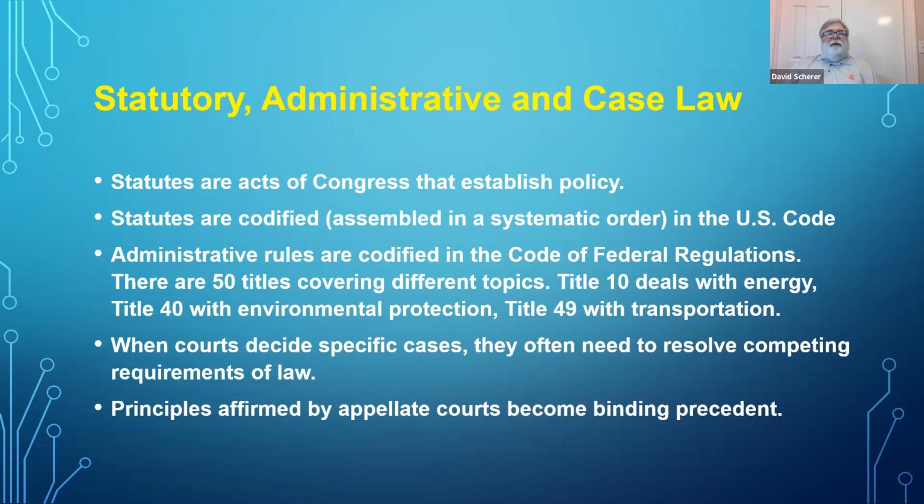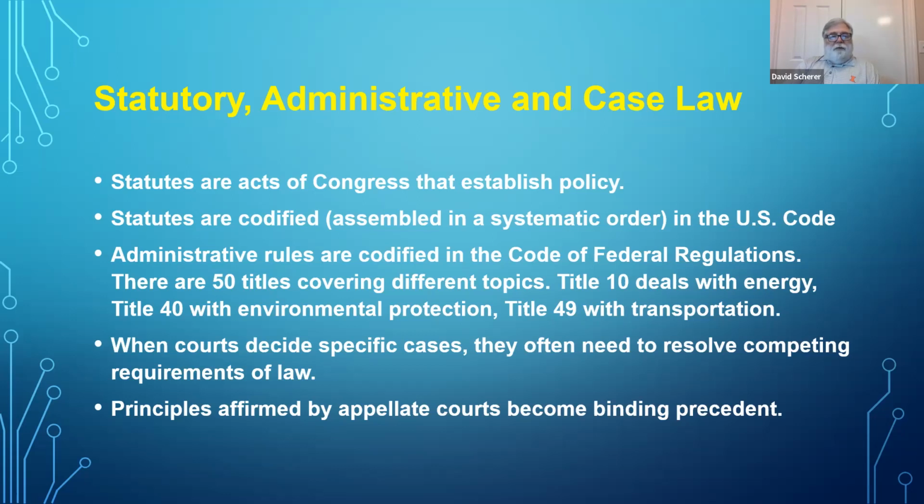Title 10 deals with energy. So we're going to be dealing with Title 10 of the Code of Federal Regulations for most of what we do. Title 40 deals with environmental protection. So EPA rules, for example, come under 40 CFR. 49 deals with transportation. So rules about transporting radioactive material are under 49 CFR, 172, 173.